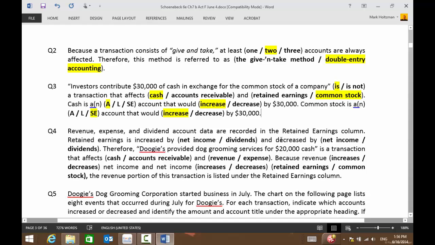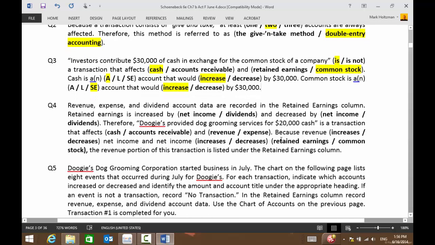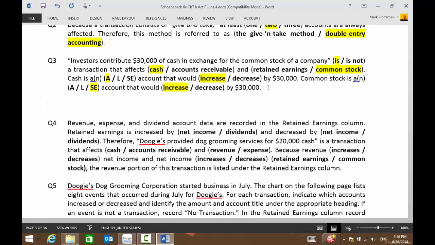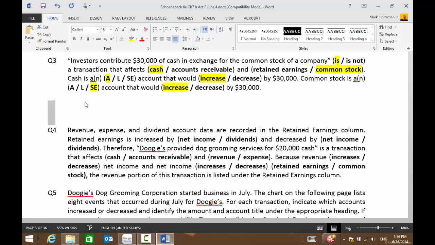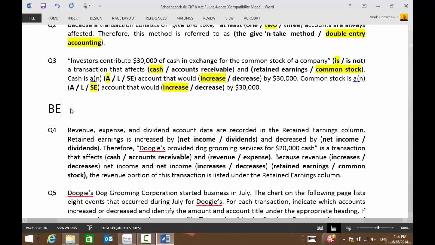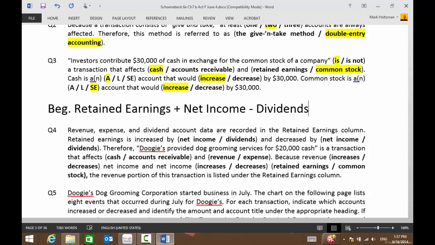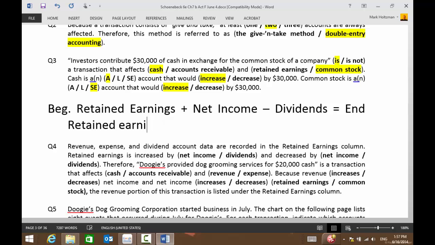Now, what happens with revenues, expenses, and dividends is going to be a little different. Because if you remember, we said that beginning retained earnings plus net income minus dividends equals ending retained earnings. Remember that? That's the formula for retained earnings.